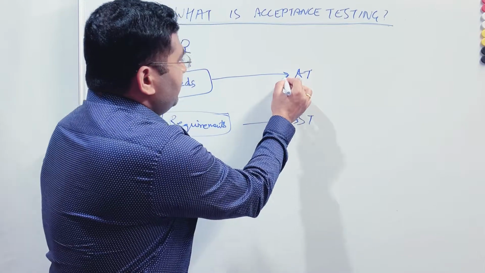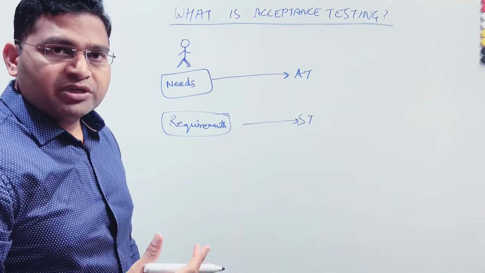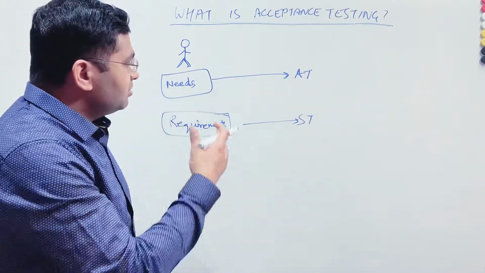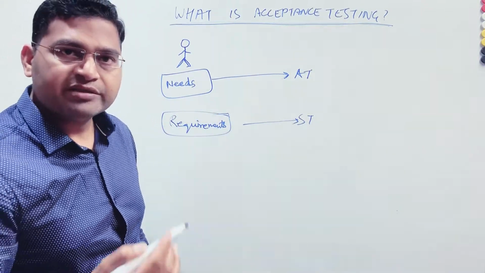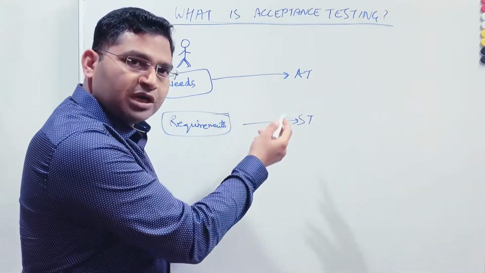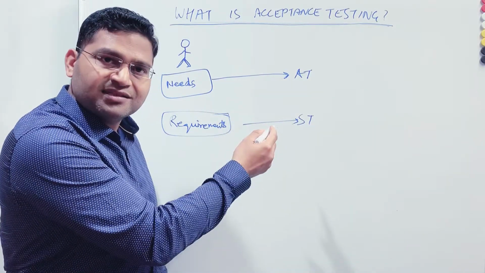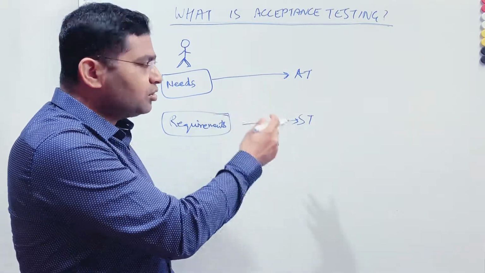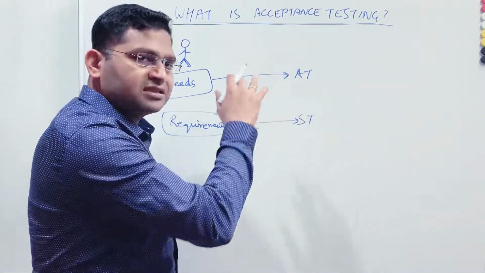What acceptance testing is all about is whether the software or the application that you have built fulfills the customer's requirement and is fit for use. Whether that software or application fulfills whatever the customer needs or not is acceptance testing.